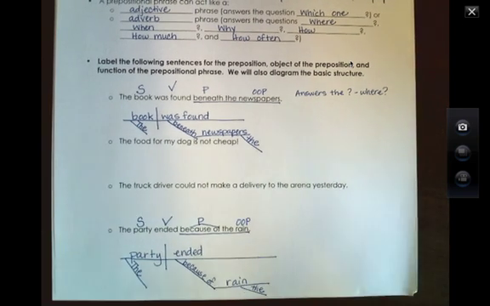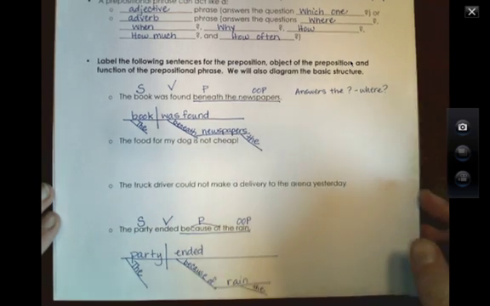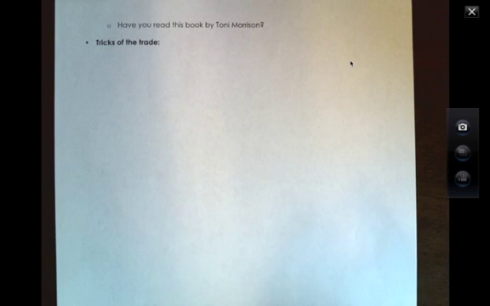Now let's do one last diagram, because I think this is something that's a little new for you guys, or something that maybe you haven't touched on in a while. This is a question. Have you read this book by Toni Morrison? A good rule of thumb when you are diagramming questions is to turn your question into a sentence.